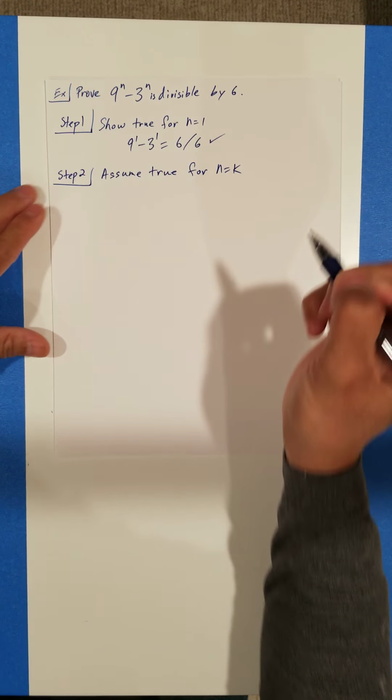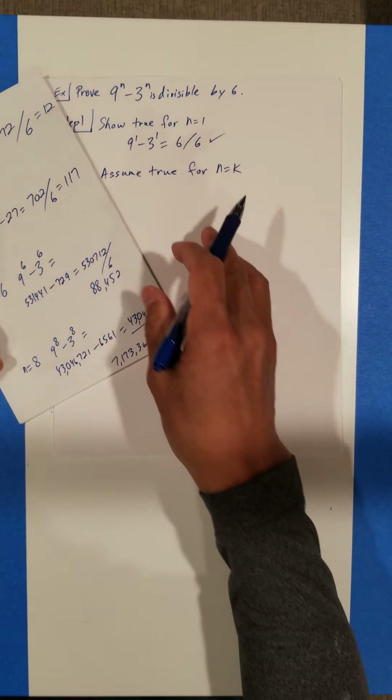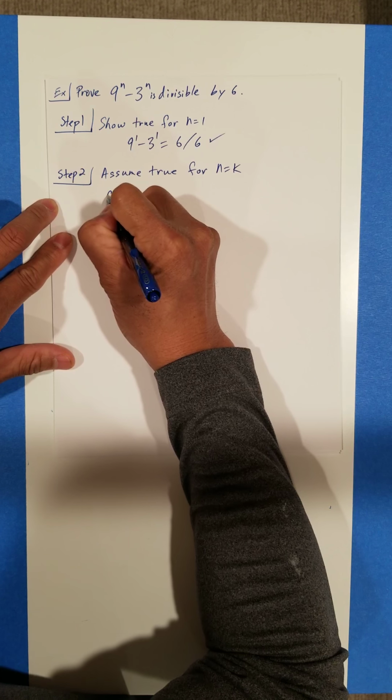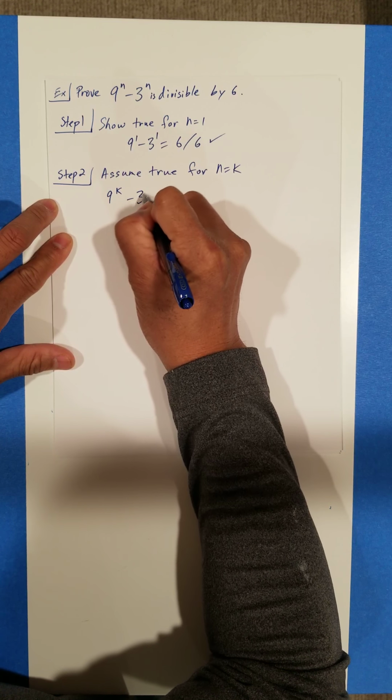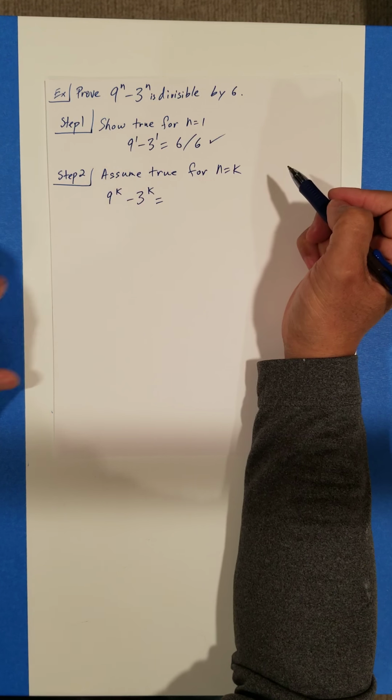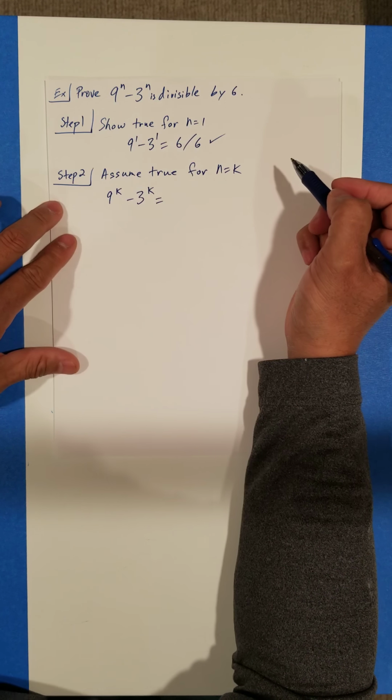Since it works for 2, 3, 6, 8, we're going to assume it's true for some random number k. In other words, we assume that 9 to the k minus 3 to the k is divisible by 6.